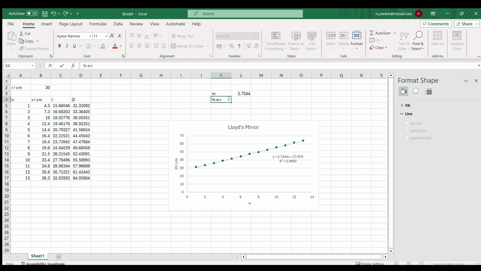So we want 3, which is the actual, minus the measured, brackets around that, divide by actual, which is 3, and then times all that by 100 to get percent error. So our value for wavelength is 2.75 plus or minus 8%, which is really quite good.